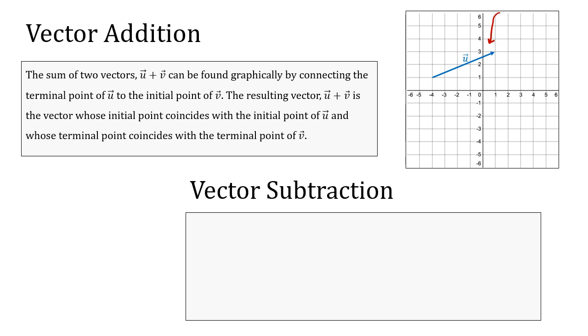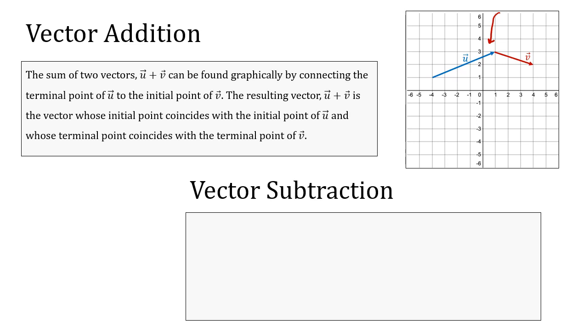We're going to take that terminal point of vector u and connect it to the initial point of vector v. So vector v could be floating around in space, but we're going to pick it up and connect the initial point of vector v to the terminal point of vector u.